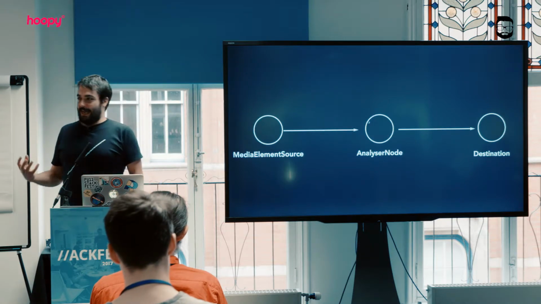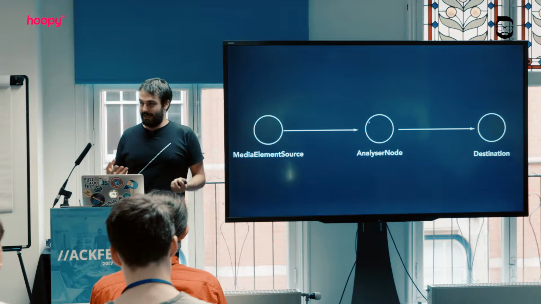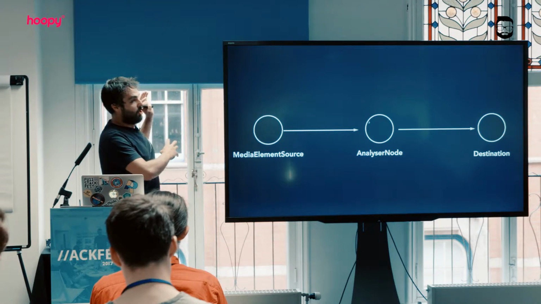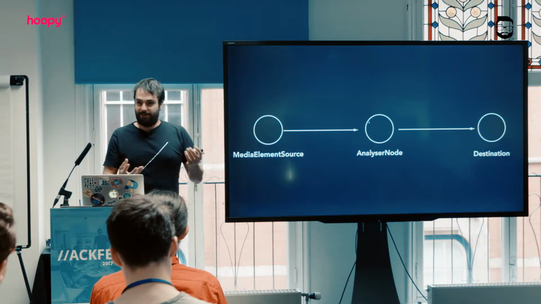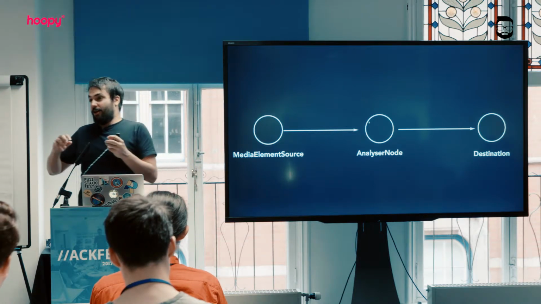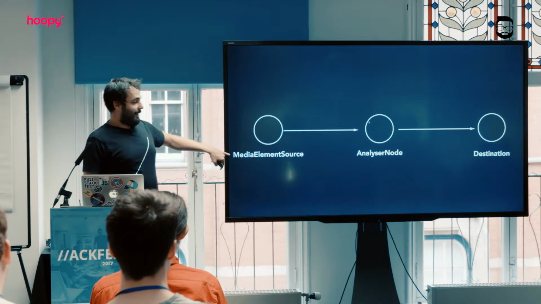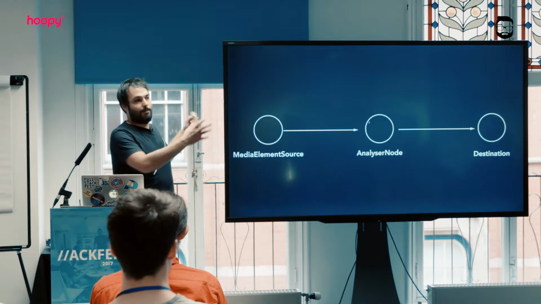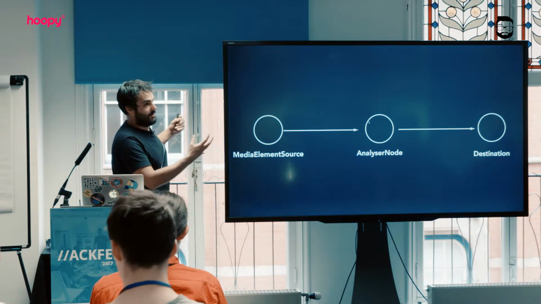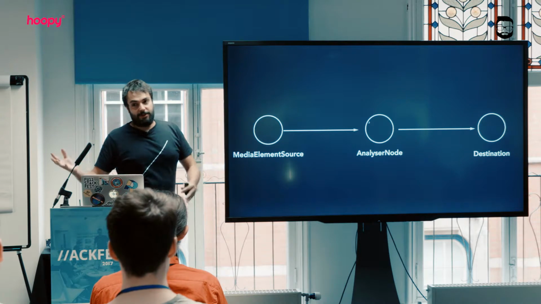This is a really interesting, fun API because it feels quite different from any other browser API: you create an audio graph. You create all these components that hook together, and then you run data through it. Here we've got a media element source, which can point to an HTML media element, and we run that all the way through to a destination, which would be the speakers.